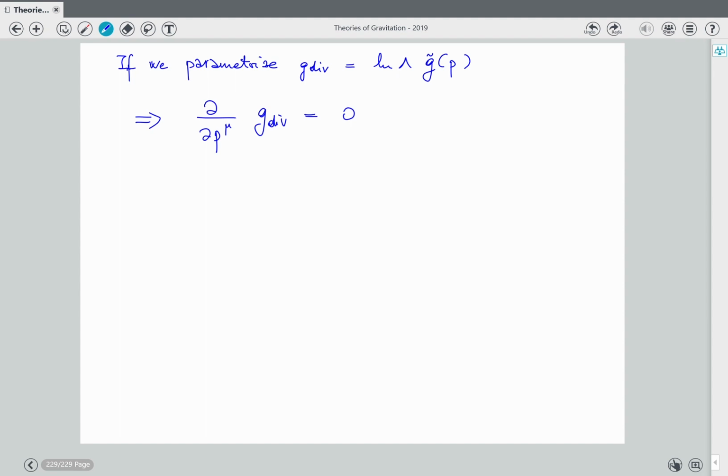So when you separate the divergent part in a pure way, you have this conclusion, which means that the divergent part is independent of p. So it's very, very simple. The divergent part of that diagram is independent of the external momentum P.